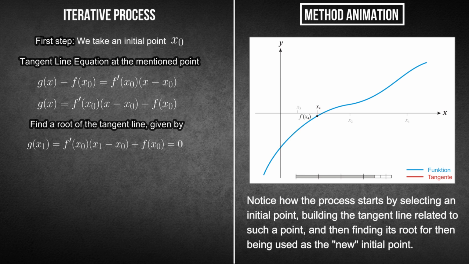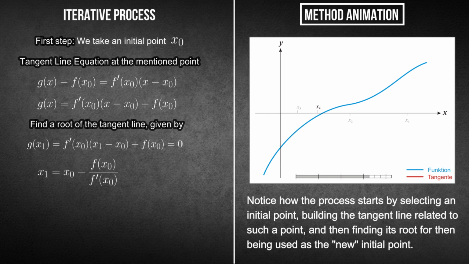Thus, if we substitute x1 in our tangent line equation, we get that f(x0) plus f'(x0) times (x1 minus x0) is equal to 0. And if we solve for x1, we get that x1 is equal to minus f(x0) divided by f'(x0) plus x0.